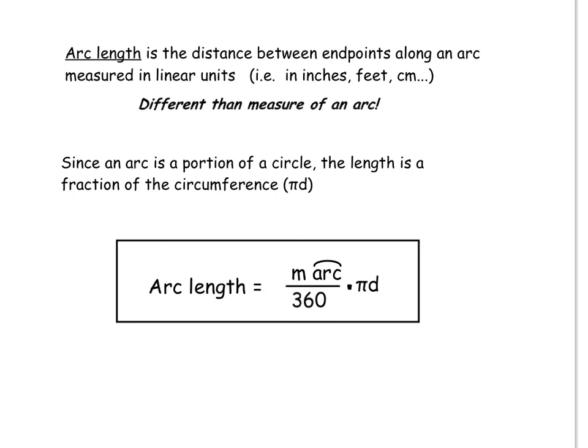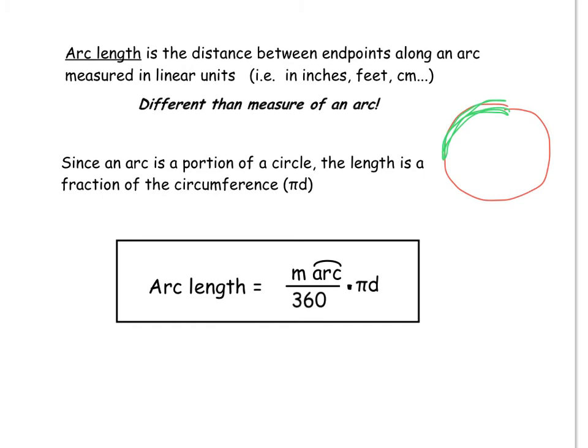Okay, arc length. We did something similar when we were finding the area of sectors. An arc length is the distance between endpoints along an arc. So if I have a circle, the arc length would be a piece of the circumference of the circle. So this green piece right here would be an arc.